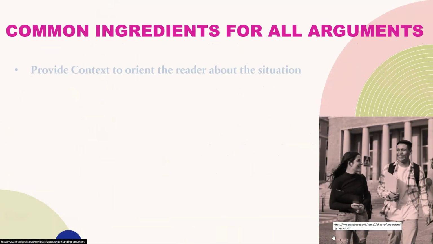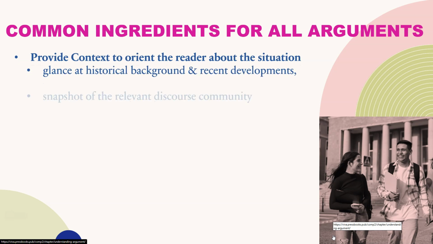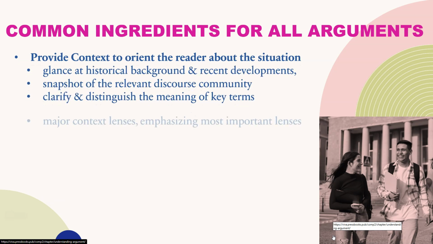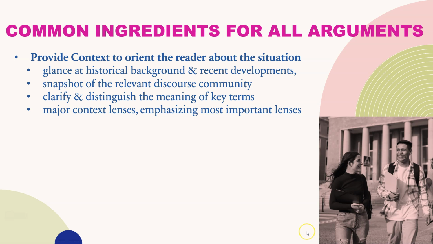Firstly, we want to look at the common ingredients that we will see in all kinds of arguments. So firstly, every argument is going to need to provide some type of context that can orient the reader about the situation. This might look like taking a glance back at some historical background and leading us up to some recent developments.